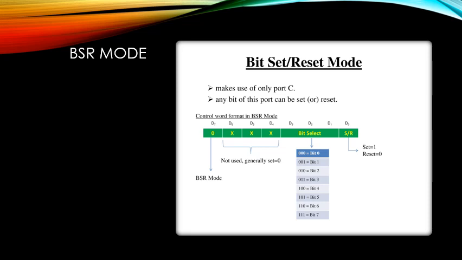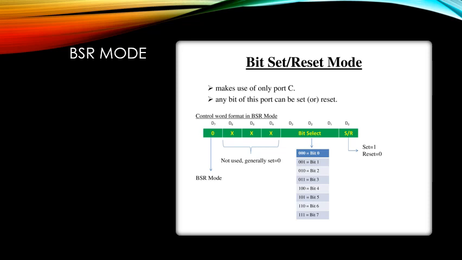We know that BSR means bit set reset mode, so the LSB is very important here. LSB 1 means it is bit set mode. LSB 0 means it is bit reset mode. So in this control word, D7 decides which type of mode, BSR or IO, and the LSB decides set or reset.